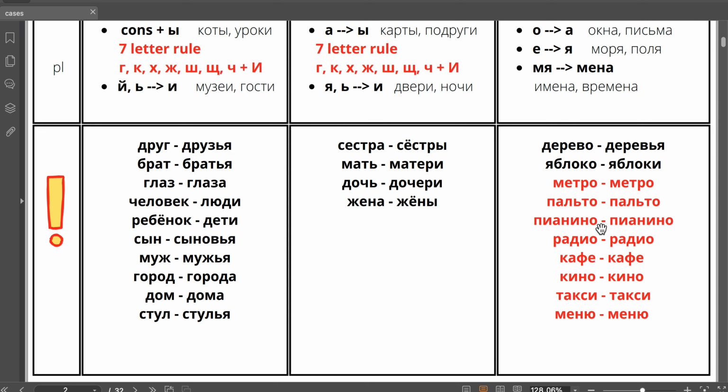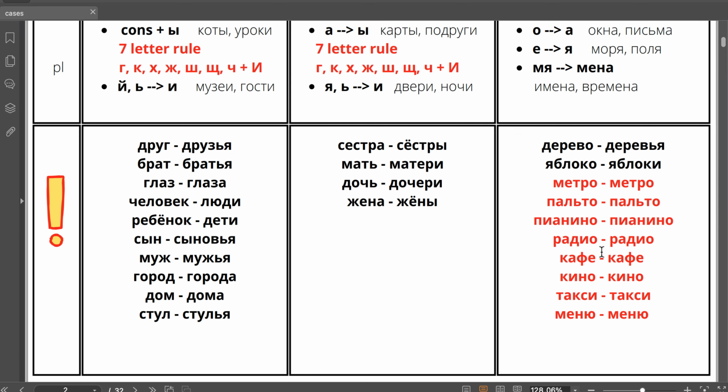If you know the word many, like много, you can say много пальто. It's still много пальто. Magic word, strong word. Next one is a musical instrument, piano, пианино. Again, if you want to say pianos, it's still пианино. Strong word.